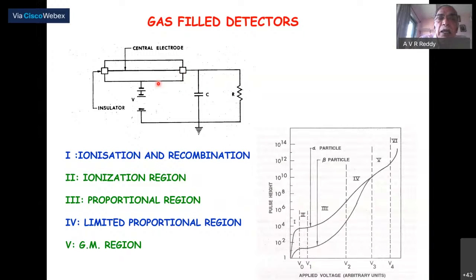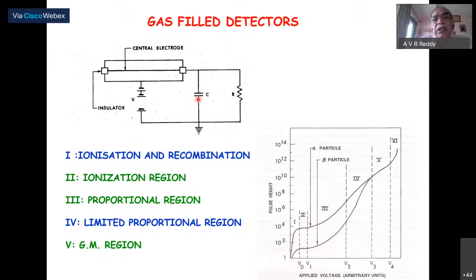Then a voltage is applied, and the ionization produced is measured as charge across a capacitor.